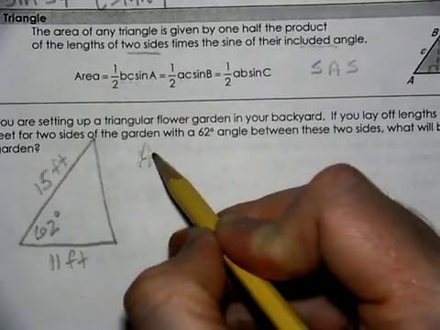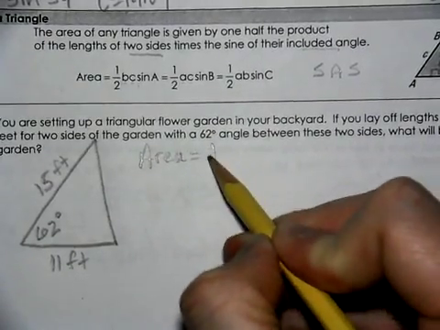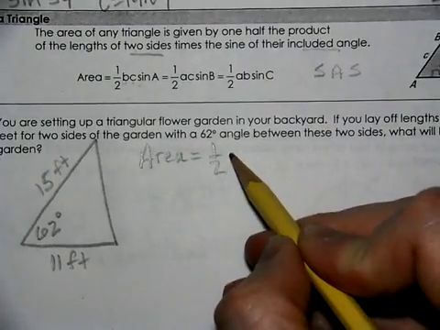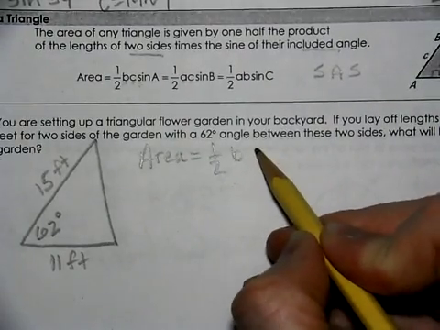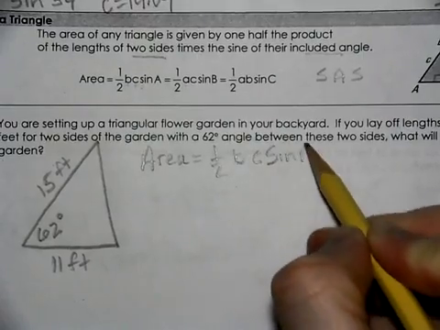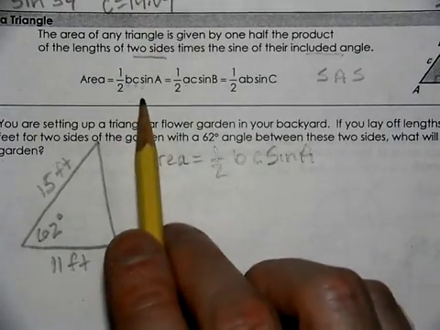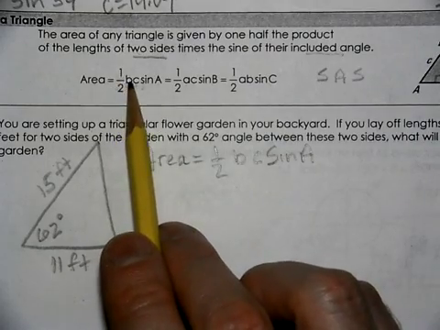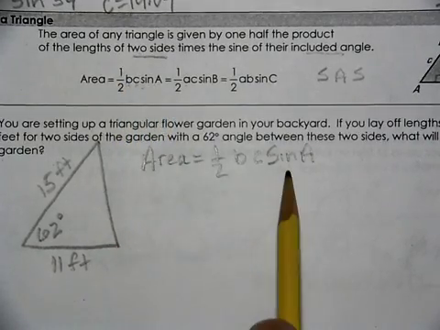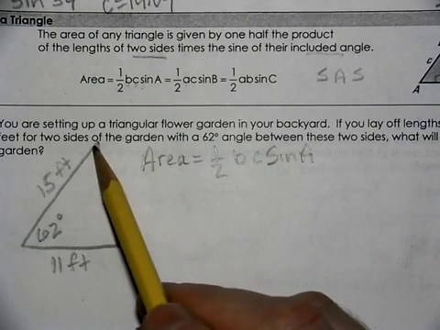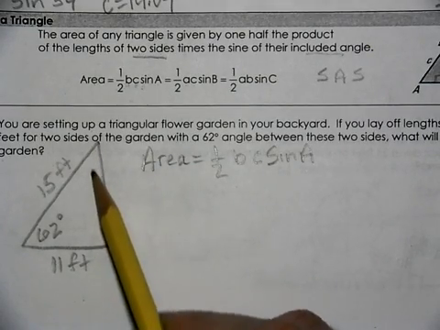We're going to use area equals half the base times the height. So we're using our formula here, half of BC times sine of A. That would help us calculate the height of our triangle.